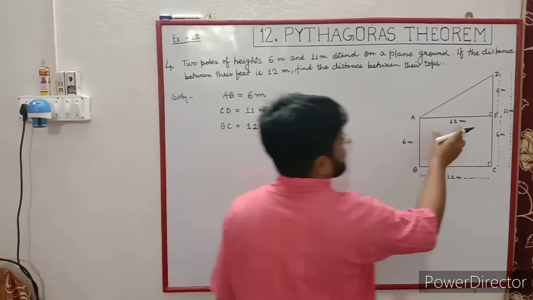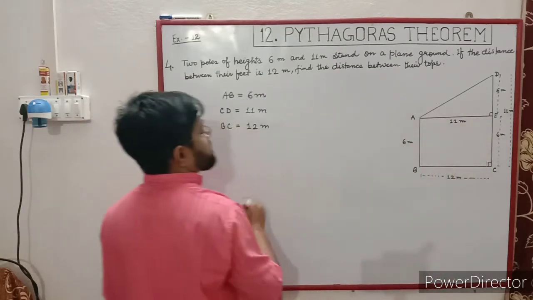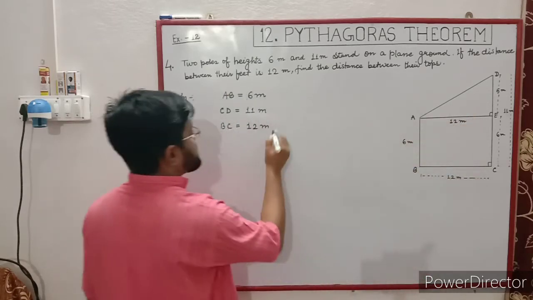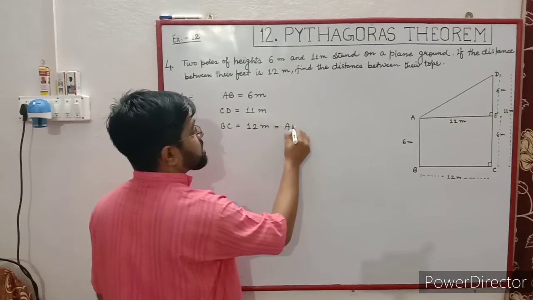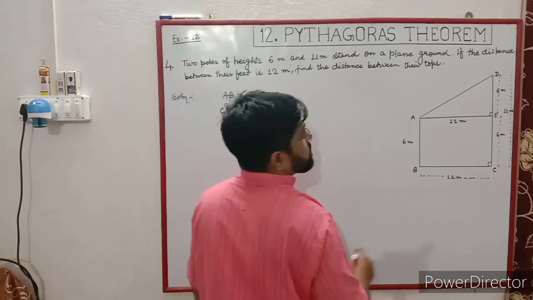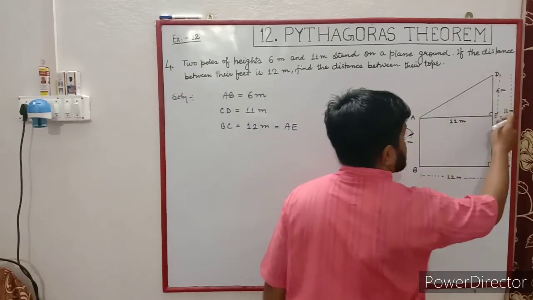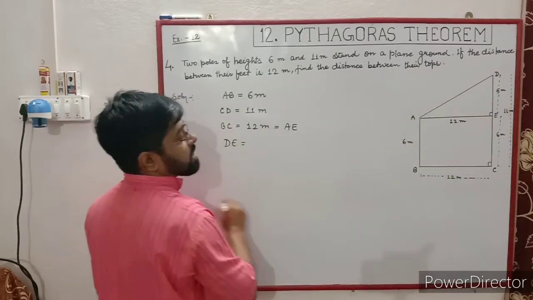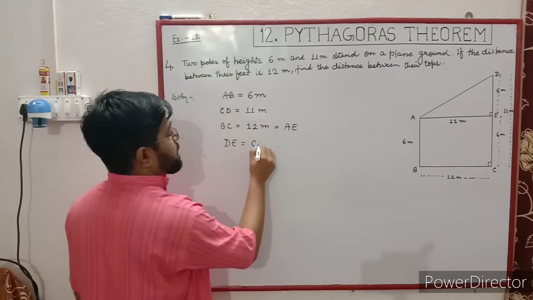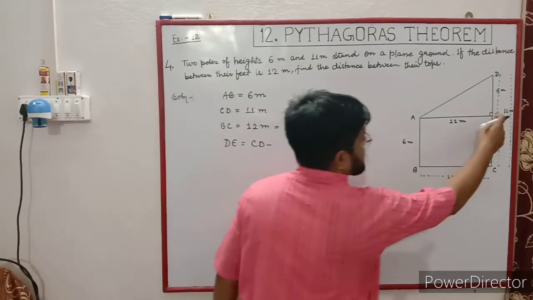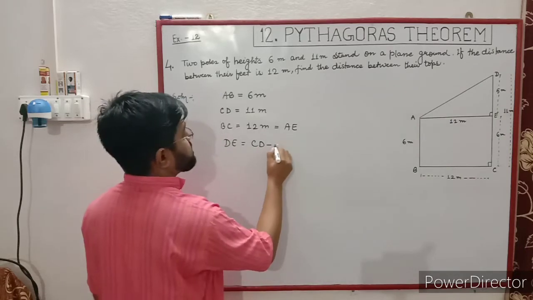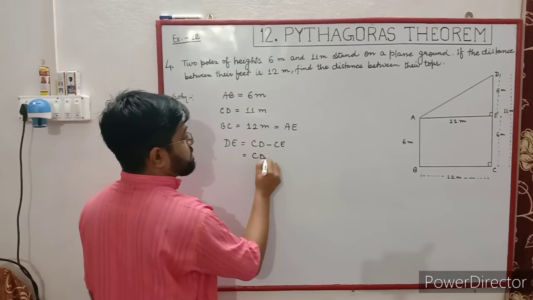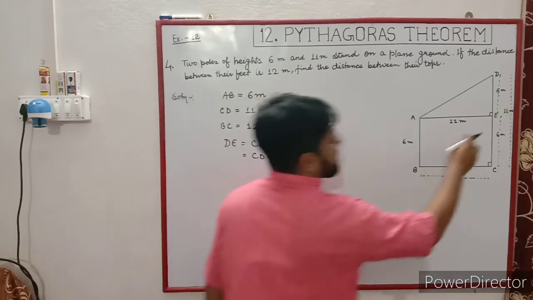Now we will join AE. So the length of AE is equal to length of BC. Now we have to find DE. So DE is equal to CD minus CE.